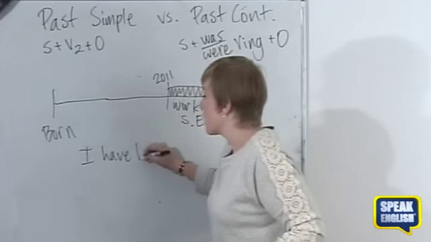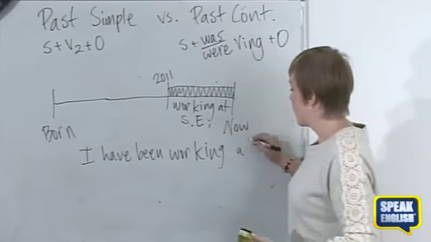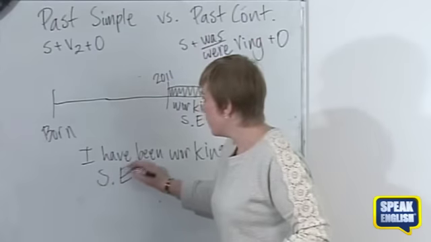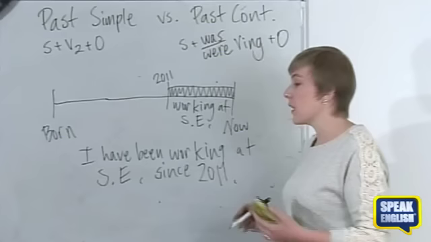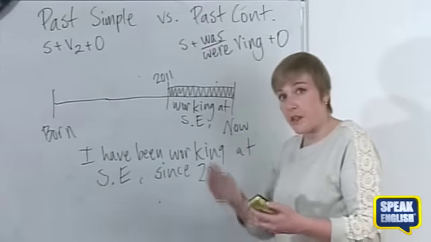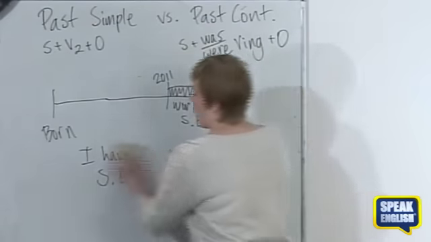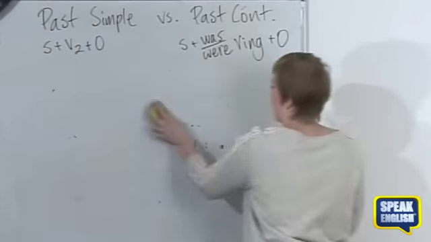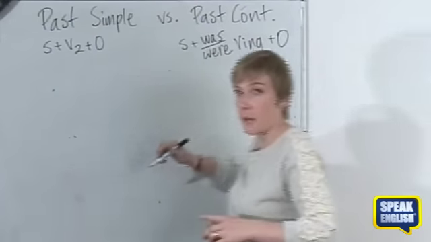I have been working at Speak English since 2011. So, represented on our timeline, present perfect continuous tense will look like this. Finally, let's see what past continuous looks like on a timeline.